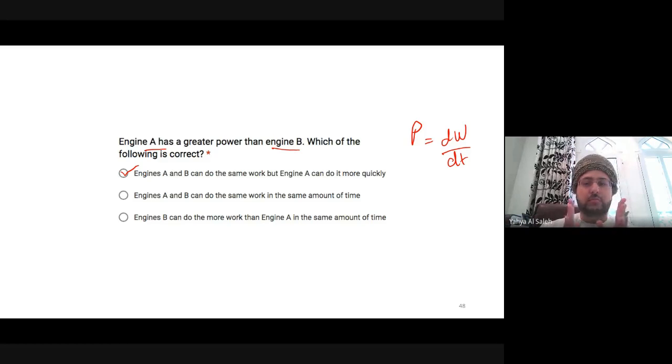So in 10 seconds, engine A will give you 100 joules, but engine B will give you maybe 50 or 60 joules. Yes, engine B can also give you 100 joules, but it's not going to take 10 seconds. It's going to take 15 seconds. The higher the power, the quicker you can supply energy or use energy.